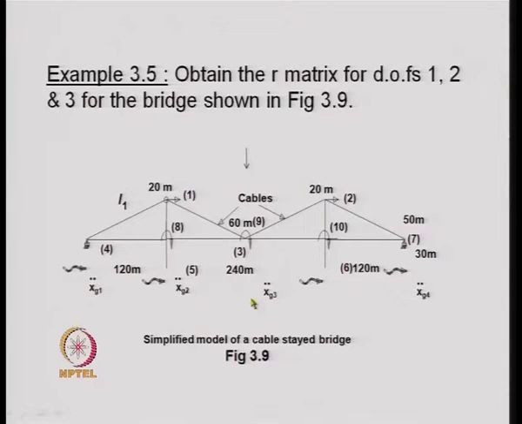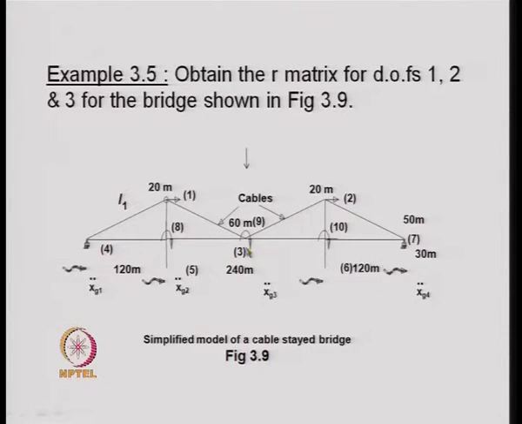So, we will try to find out the response of the structure for these 3 degrees of freedom, and the entire equation of motion is written for these non-support degrees of freedom.